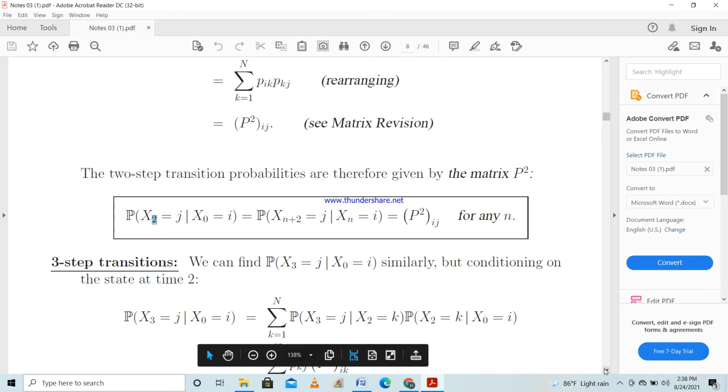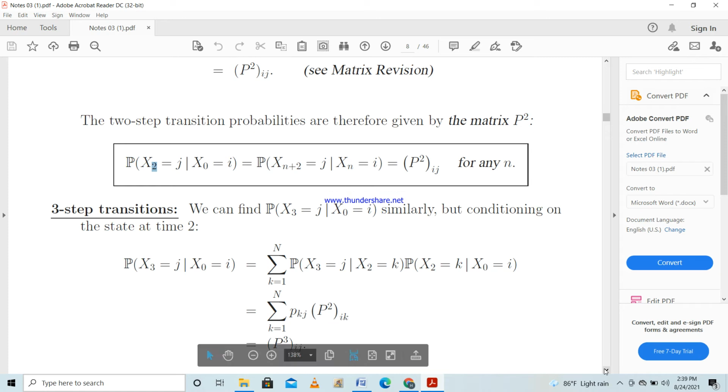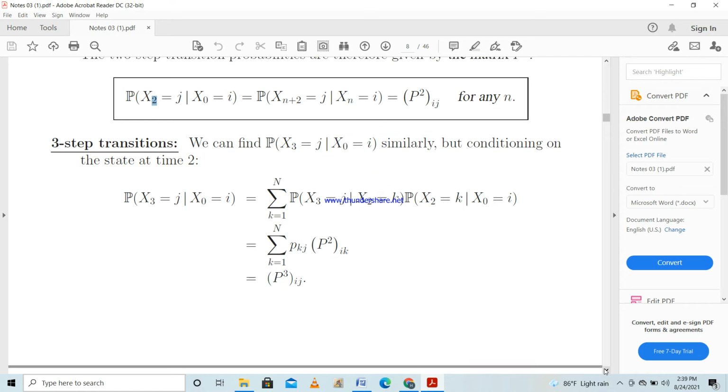Let's discuss an example. Before the example, just using the same method, we can find the three-step transitions as well. For example, when time equal to 0, let's imagine we were at the ith state, and when time equal to 3, we want to find the probability of being at state j.